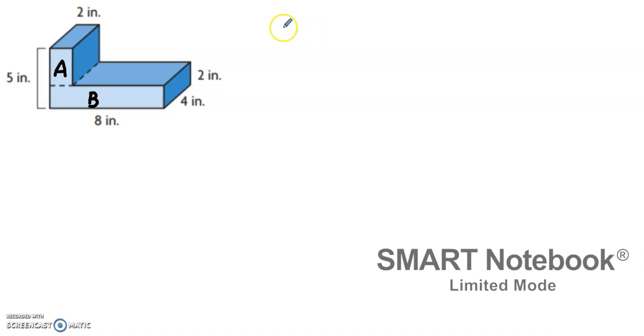So I'm going to come to the side and put PA for prism A, a semicolon, and underline it. Then I'll give some space and write PB for prism B, and underline that. It's very important that I label the different ones because I have to figure out length times width times height for each of them.